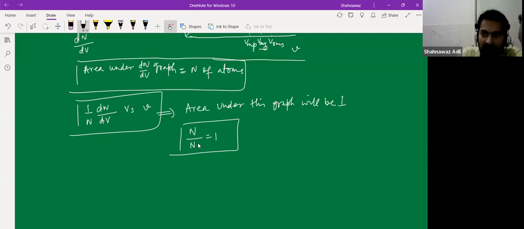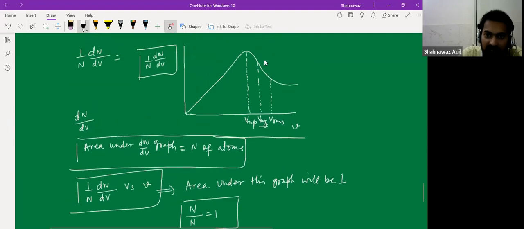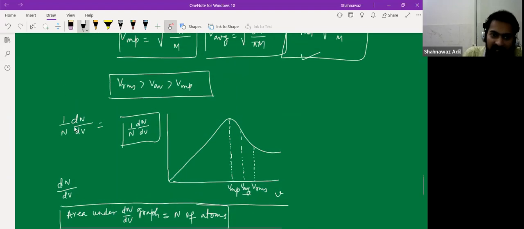Sir, can you explain this again? Right. So when you have this dn by dv 1 by n graph, let's say this is the probability graph, and the total probability should be what? Total probability should be 1, right? Yes, sir.